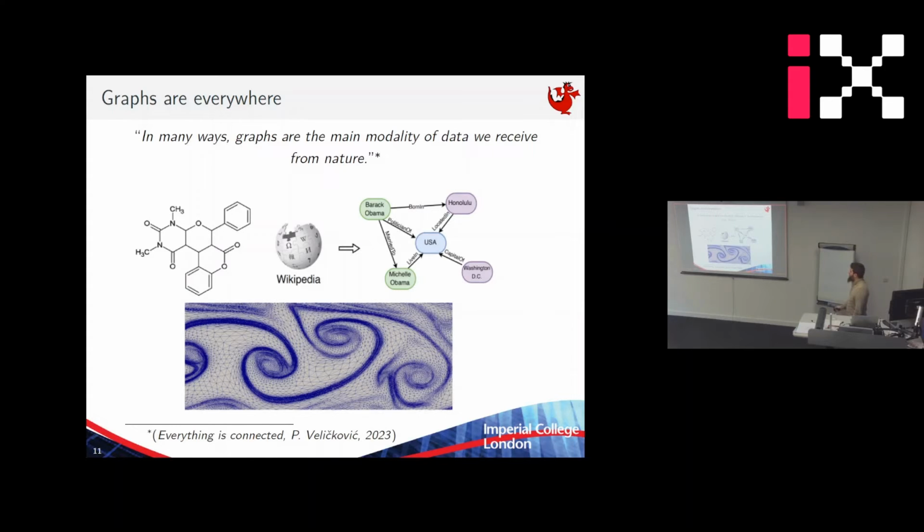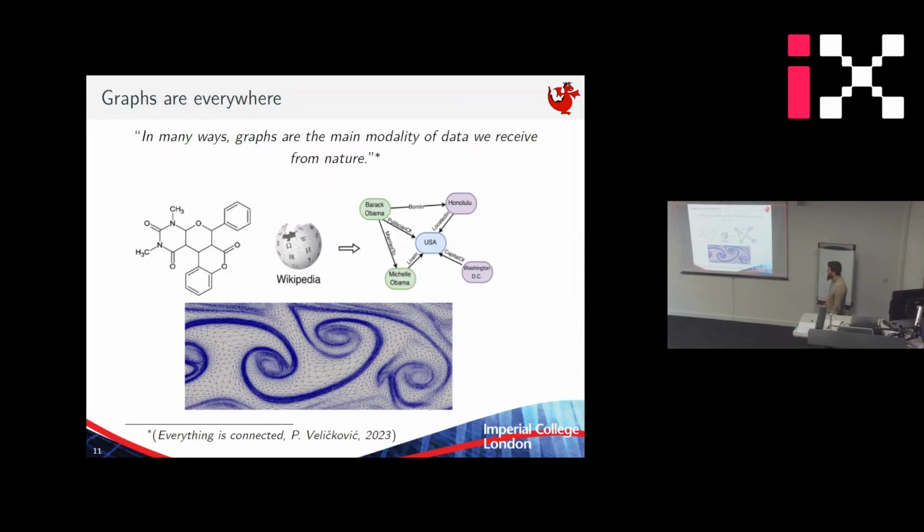Another example is meshes. When it comes in particular to PDEs, when you want to run certain simulations, you discretize, and that discretization comes with meshes, right? It's a kind of triangulation, a partition of your domain. Here you have a triangulation of this domain, and this is a fluid problem.